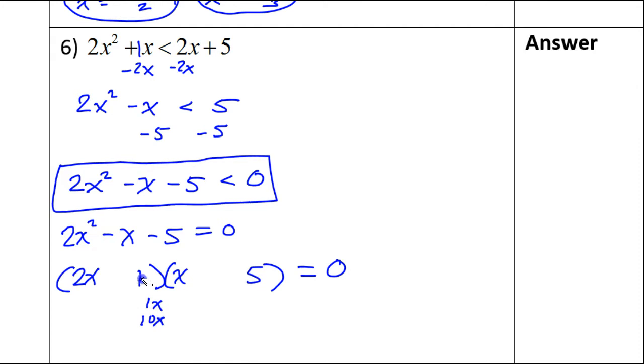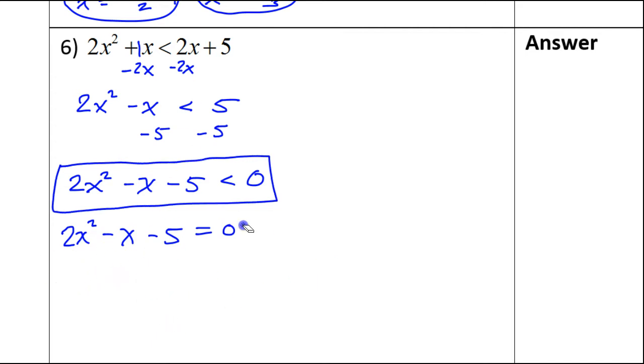And even if I switch these around and put the 5 here and the 1 here, inner I have 5x, outer I have 2x. There's still no way that these can make negative 1. So this is not factorable. I'm going to have to use the quadratic formula to solve this.